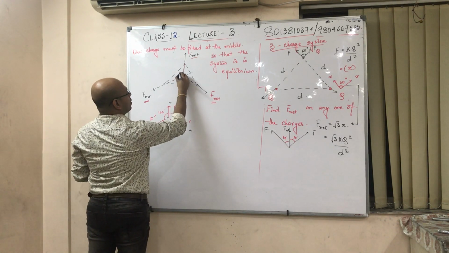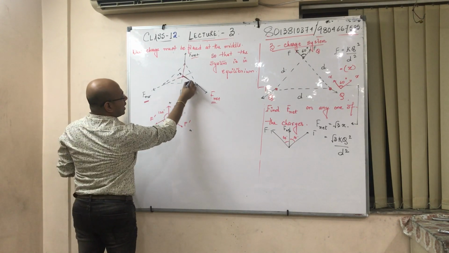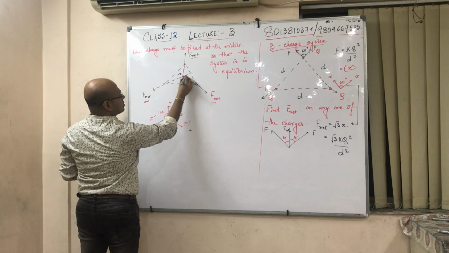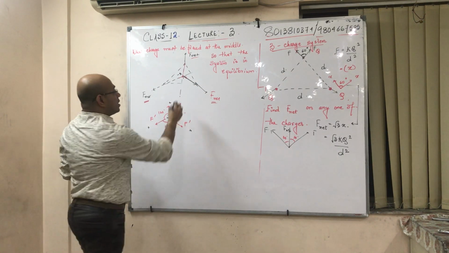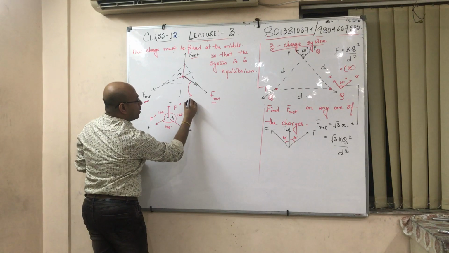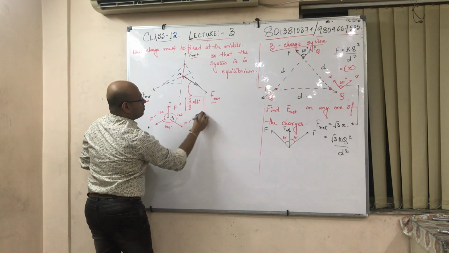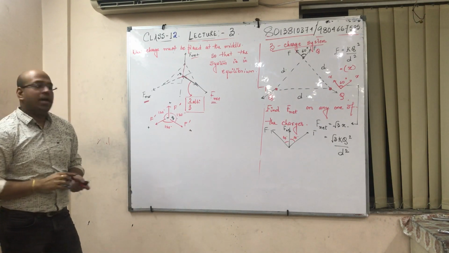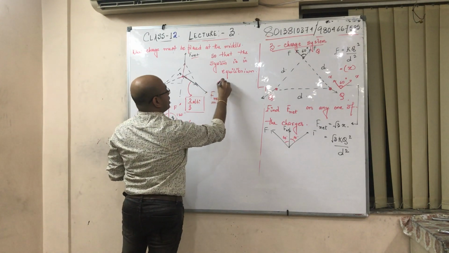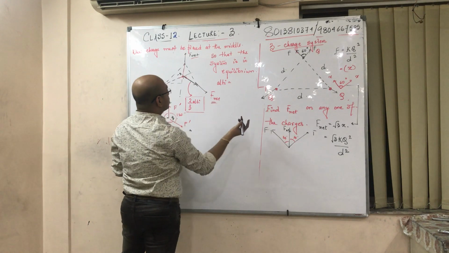Sir, over here we place a minus Q. Acha, can anyone tell me what is this distance? Yes sir, this is very easy. This distance is nothing but 2/3 of the altitude. We have a code name, 2/3 altitude. And what is the altitude?